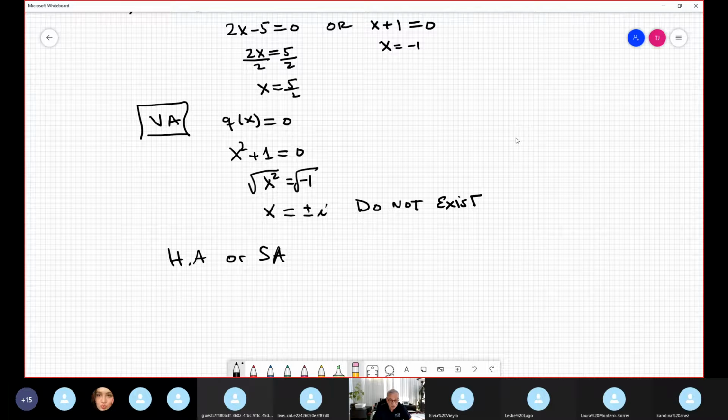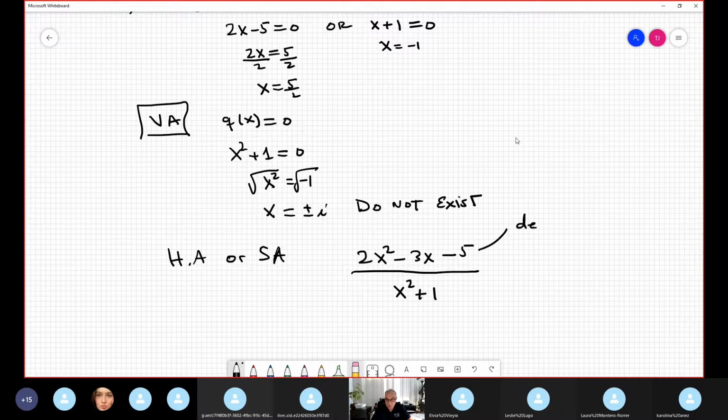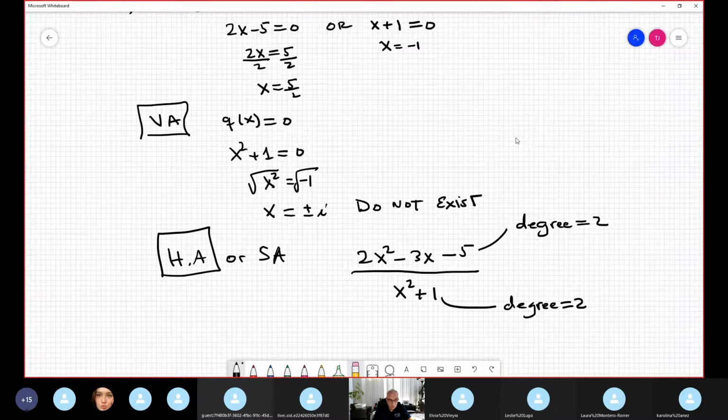We are doing the analysis of the degree. 2x squared minus 3x minus 5 over x squared plus 1. You see clearly that the degree of this polynomial is 2, and the degree of the other polynomial at the bottom is also 2. And my question is, do we have a horizontal asymptote or not?